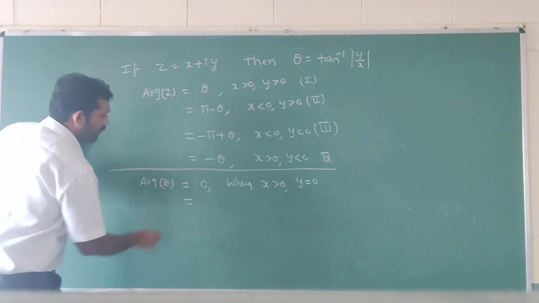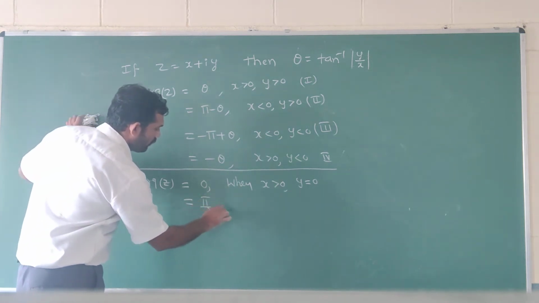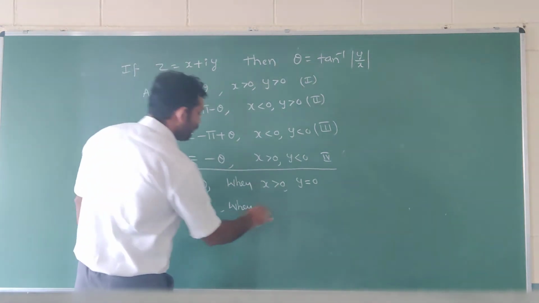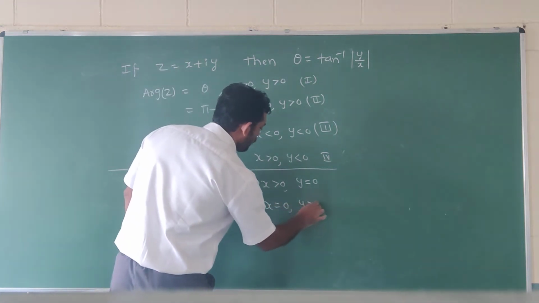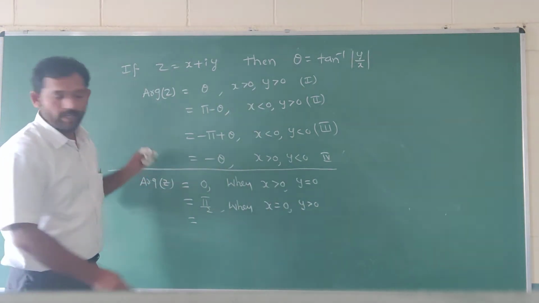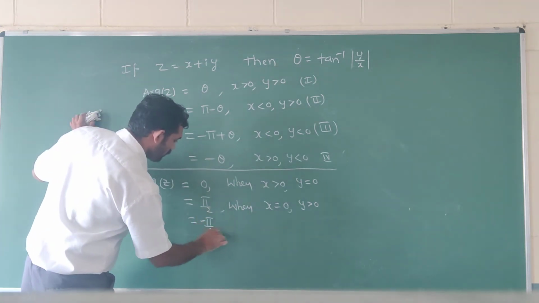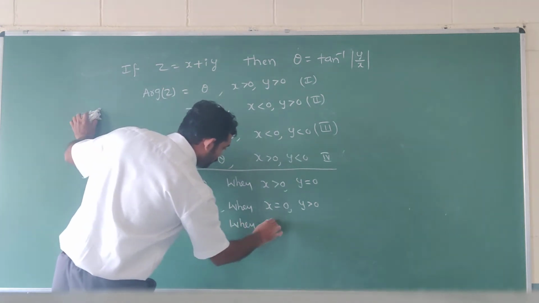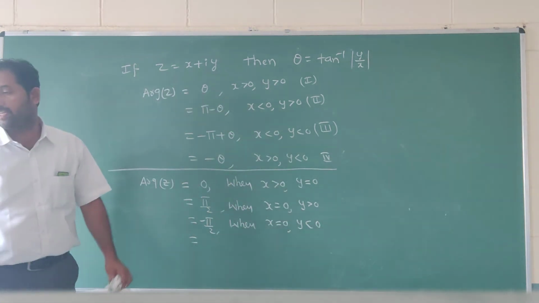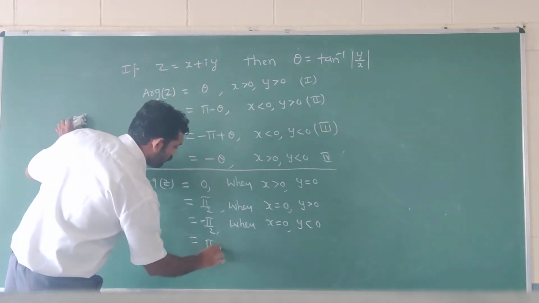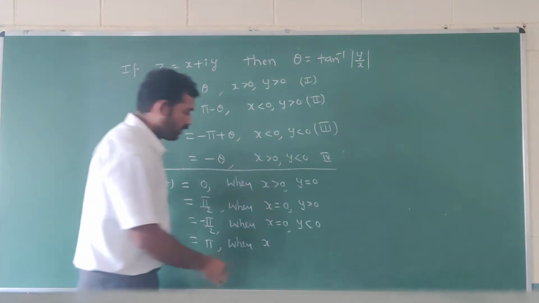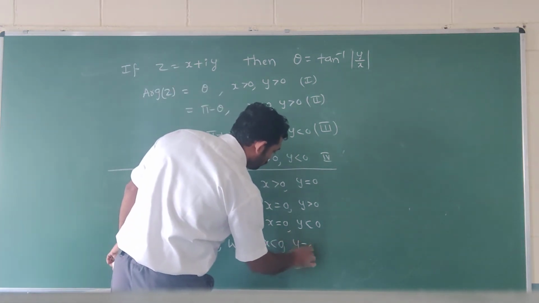Next one, argument of z is equal to pi by 2 when x equal to 0, y greater than 0. Next point, argument of z is equal to minus pi by 2 when x equal to 0, y less than 0. Again, argument of z is equal to pi when x less than 0, y is equal to 0.